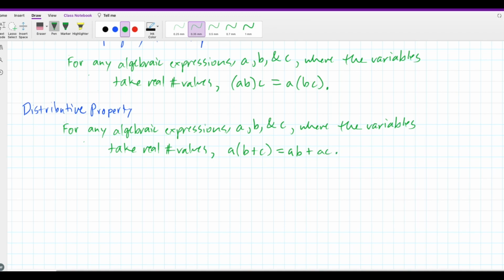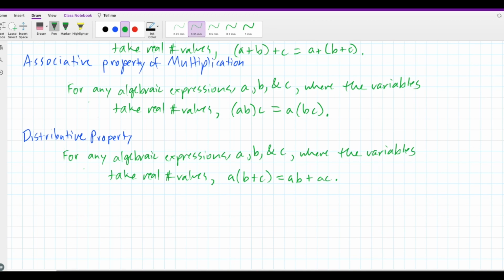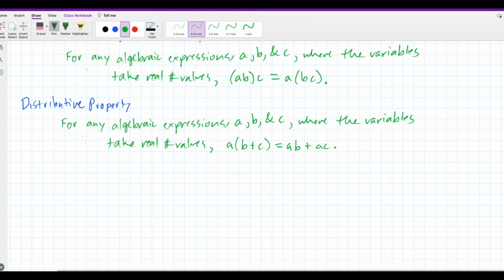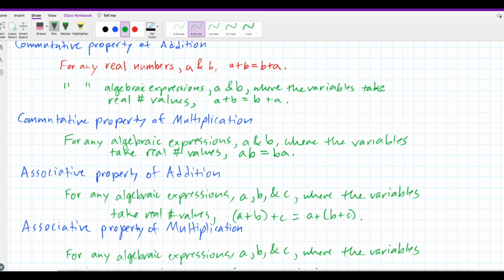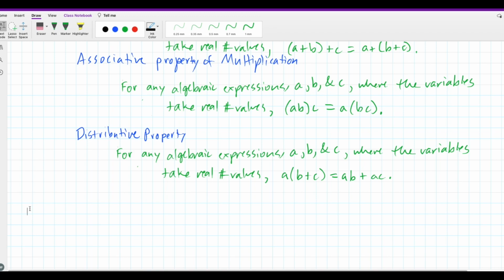Each of these things can be justified by looking at the properties in detail in terms of what they fundamentally represent. That's a whole other subject itself. Instead, what we're going to focus on is the applications of them. So let's start off by looking at an example. Let's say we want to simplify this expression.